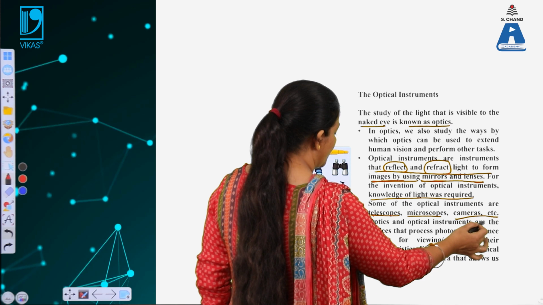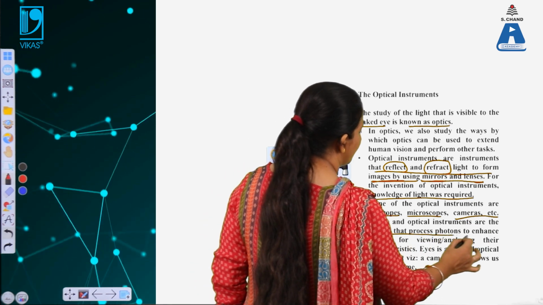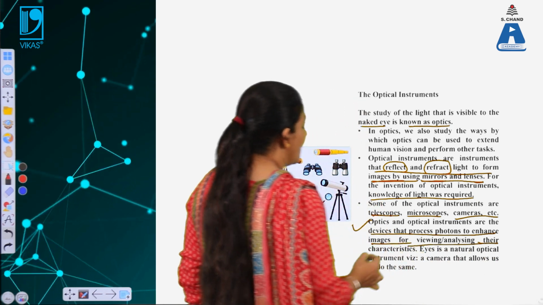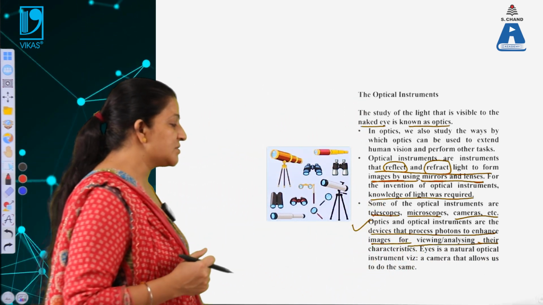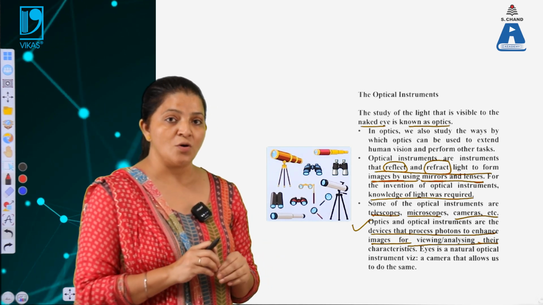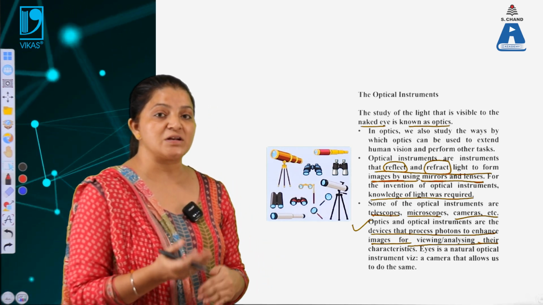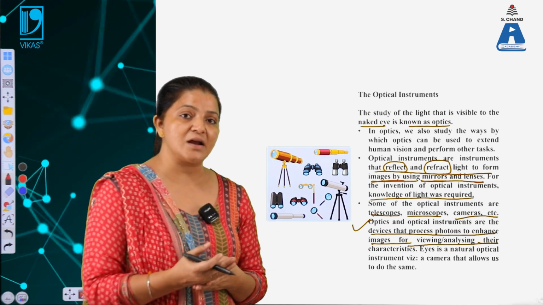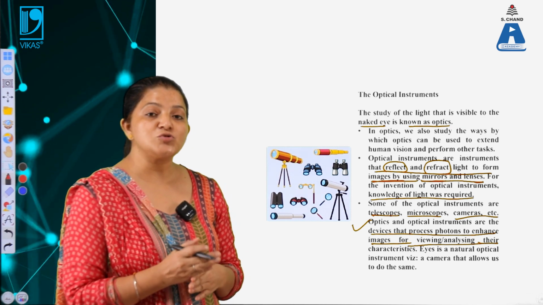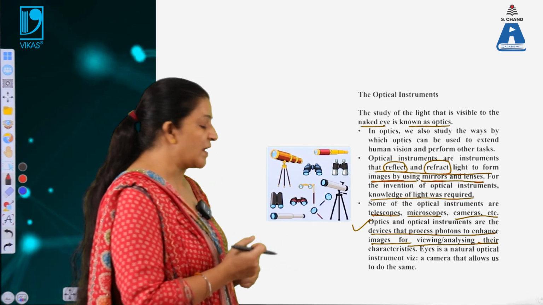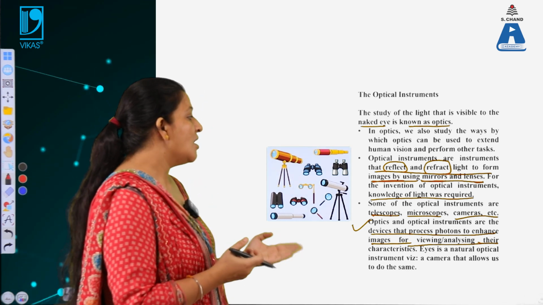Optics and optical instruments are devices that process photons to enhance images for viewing and analyzing. That means by optical instruments, we are able to see tiny objects by using microscopes and telescopes. The things which can never be seen by our naked eye, we are able to see by using microscopes.